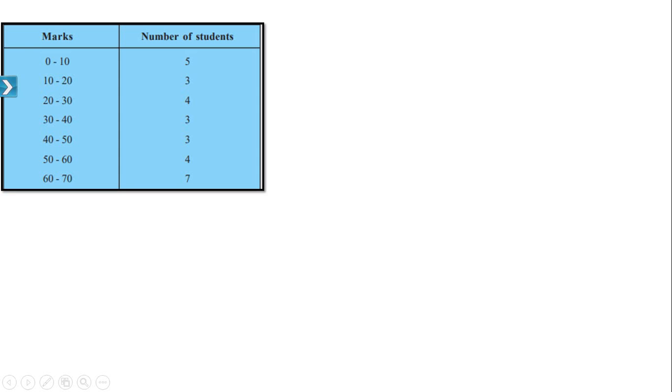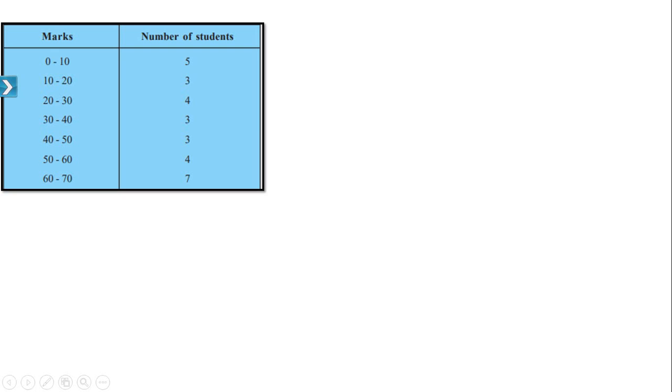Now, we have to convert this table into more than type cumulative frequency distribution table, because to draw ogive we need cumulative frequency distribution table. Now, let us convert this table into more than type cumulative frequency distribution table.